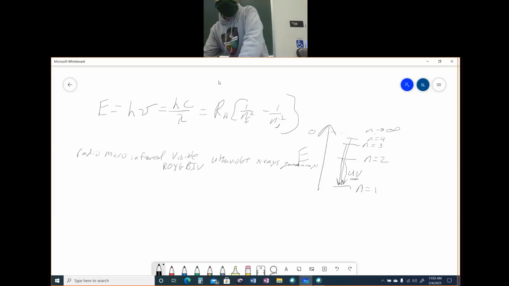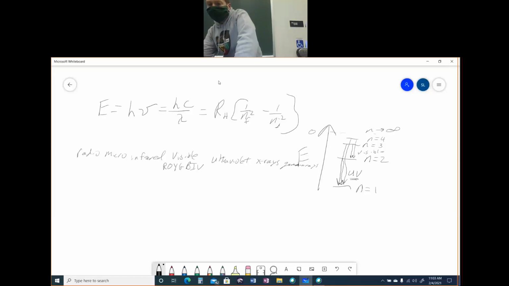So when we're doing our electron transitions, when we go down to the N is equal to 1, we're in the ultraviolet, the largest energy for electron transitions. When we're going down to 2, we're in the visible. So 3 down to 2, 4 down to 2. When the electrons go down to the N is equal to 2 quantum number, then we are in the visible.